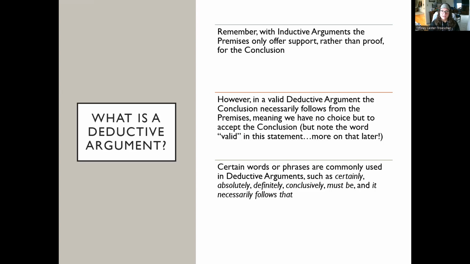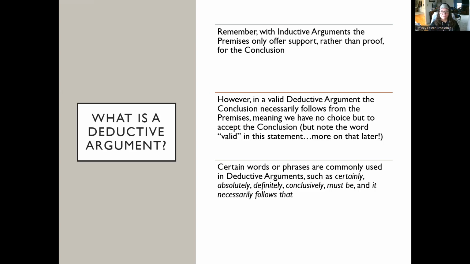When you take away everything else, whatever you're left with, however improbable, is the truth. Now, that's a valid deductive argument. We're going to come back to that word here in just a little bit. But if it is a valid deductive argument, the conclusion must be true. So in that respect, deductive arguments do offer proof, not just support, not just likelihood or probability.